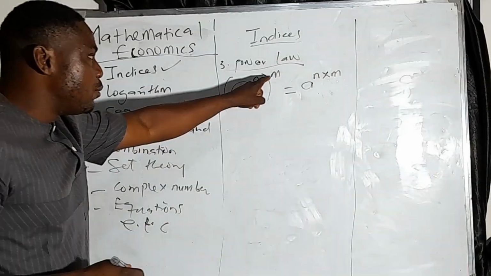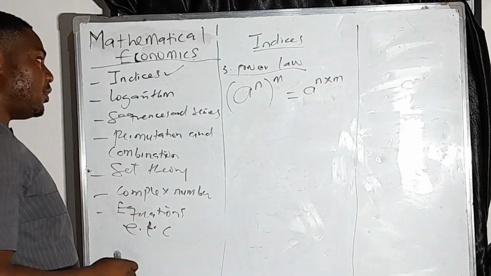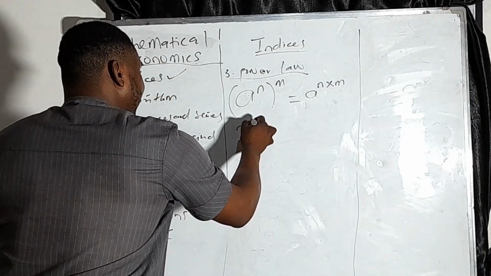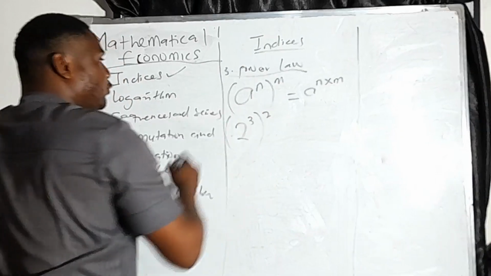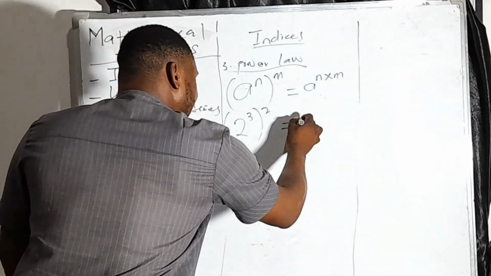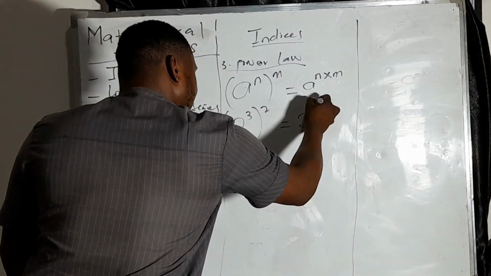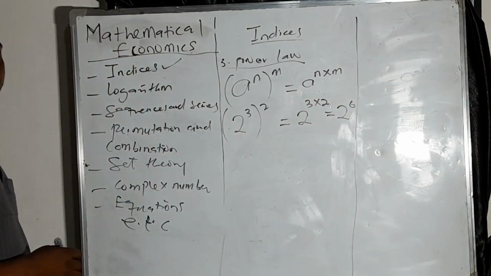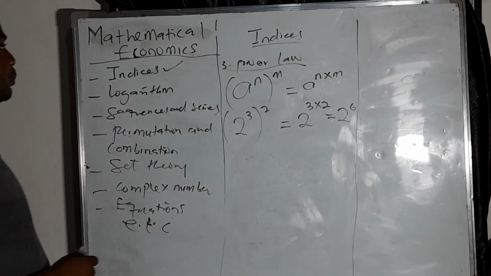That is, you multiply the two powers. Numerically, if I have 2 raised to power 3, all raised to power 2, the law says I have 2 raised to power 3 multiplied by 2, and that gives me 2 raised to power 6. That's the power law.